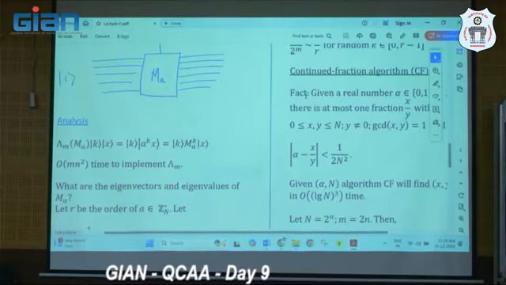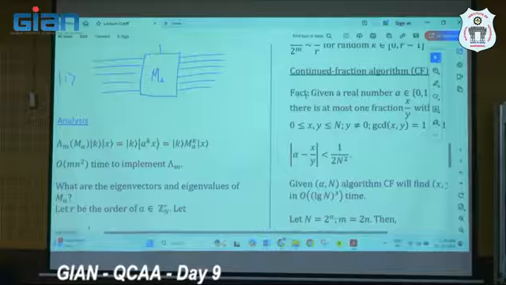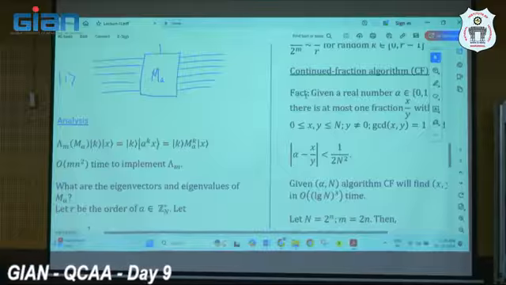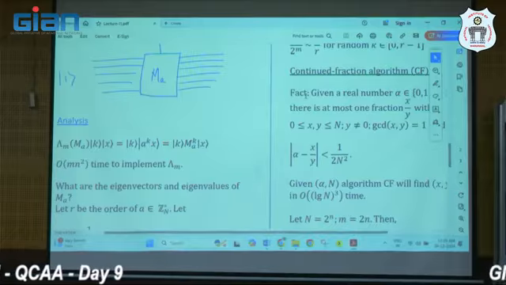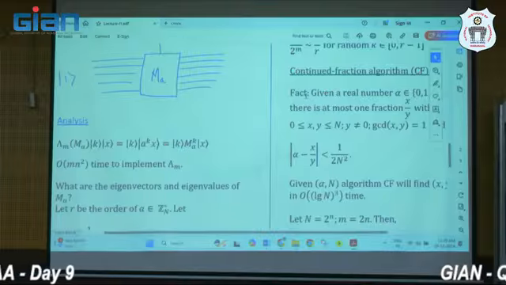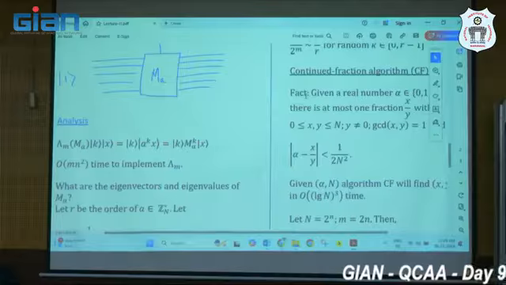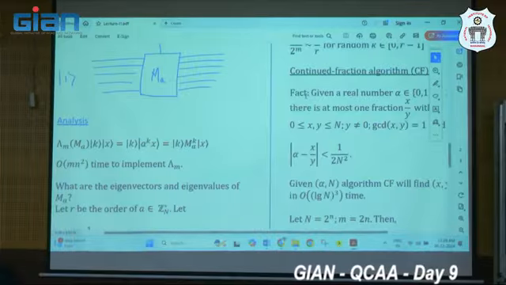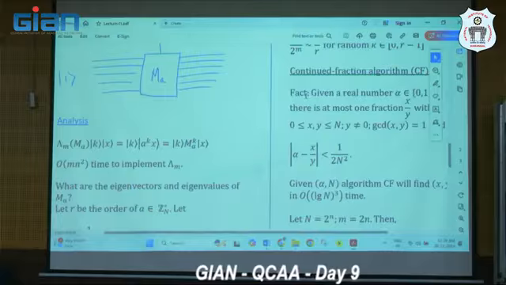You see what I'm saying? Question: I have to multiply, let's say, 2 to the power 100. I have to multiply a how many times? 2 to the power 100 times. How will I do that?